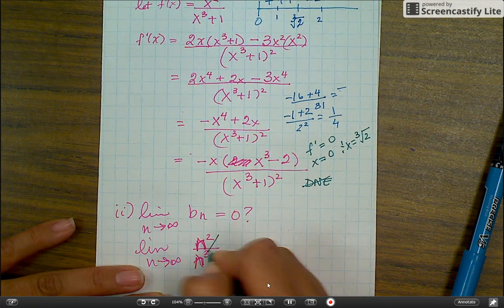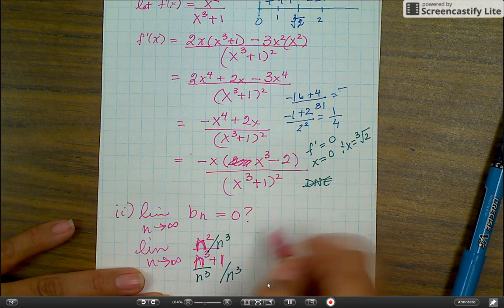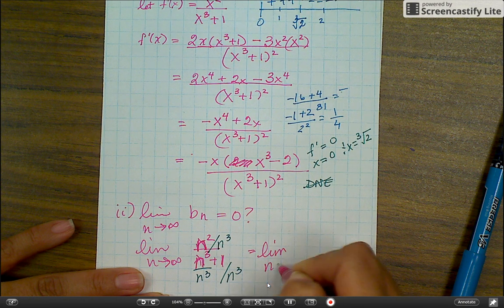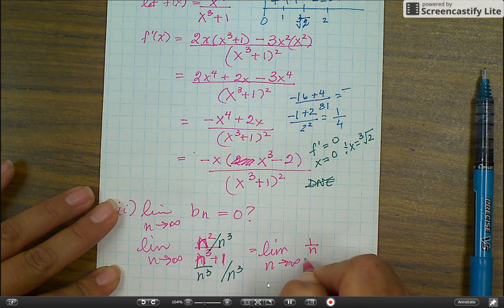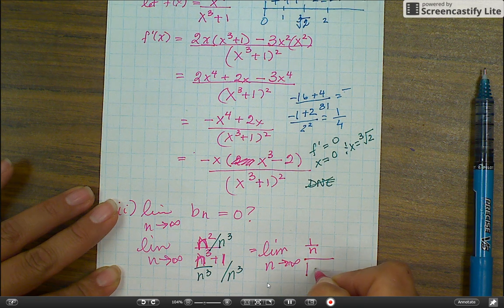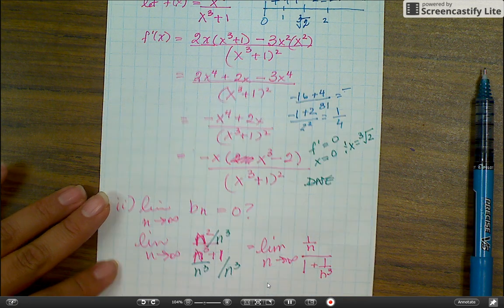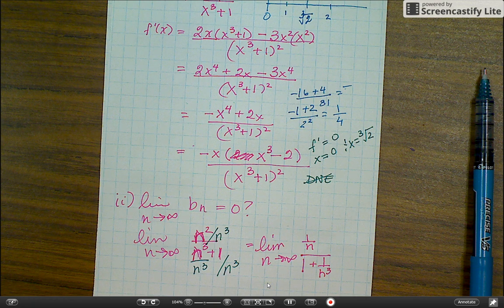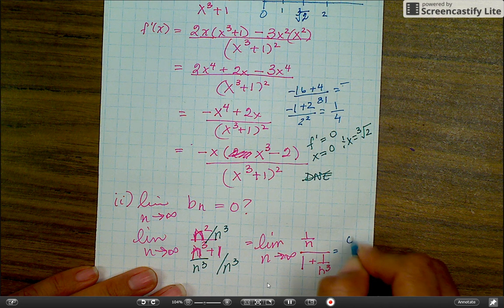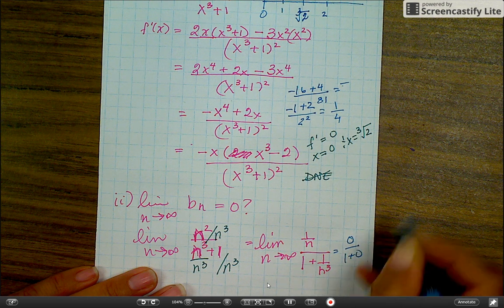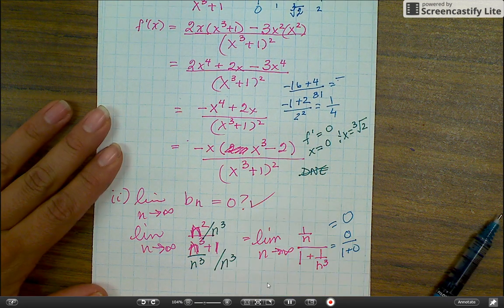But if we divide by the highest degree, as n goes to infinity, we'll have 1 over n in the numerator, and we'll have 1 plus 1 over n cubed in the denominator. And when we put in infinity, we're going to get 0 all over 1 plus 0, which is, dun-dun-dun, 0. So, check mark.